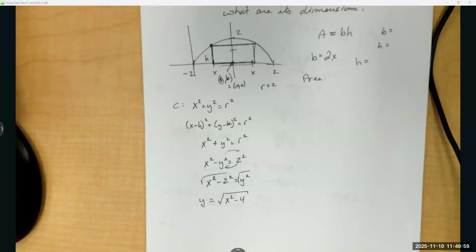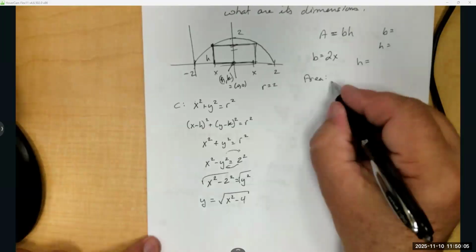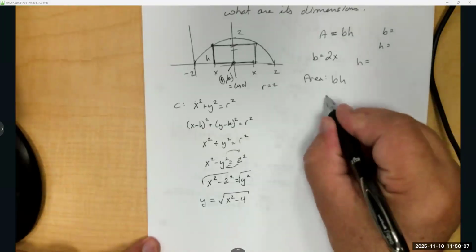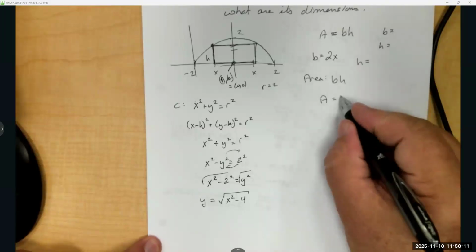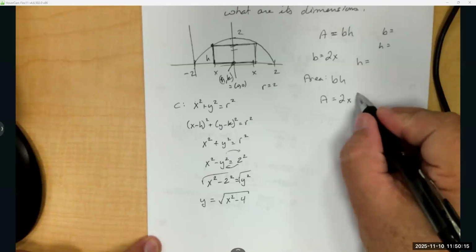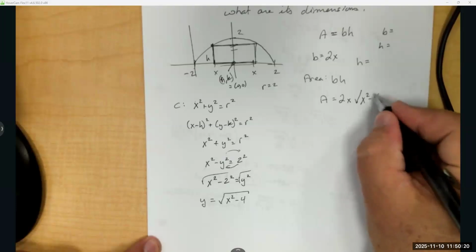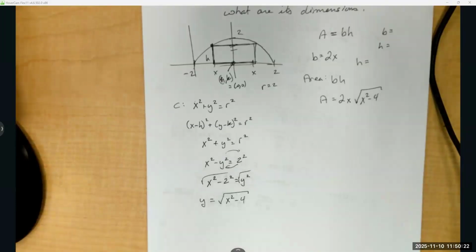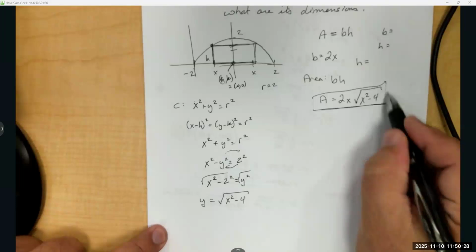That's the height. Yeah, that's the height. It's the y value, the height. So the area is base times height. So that's two x times the square root of 4 minus x squared. That's the formula we'll be dealing with a lot.